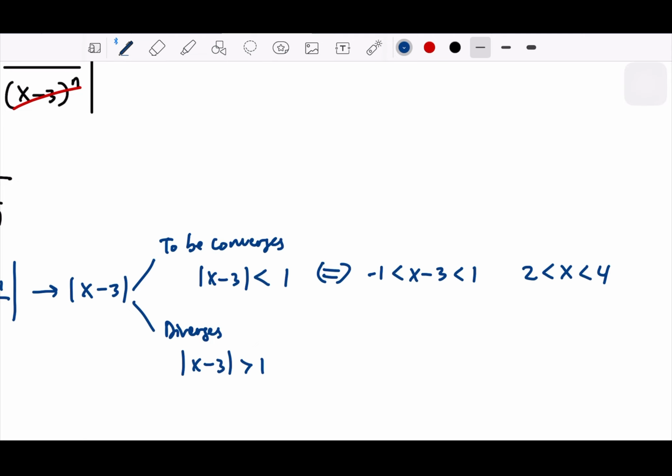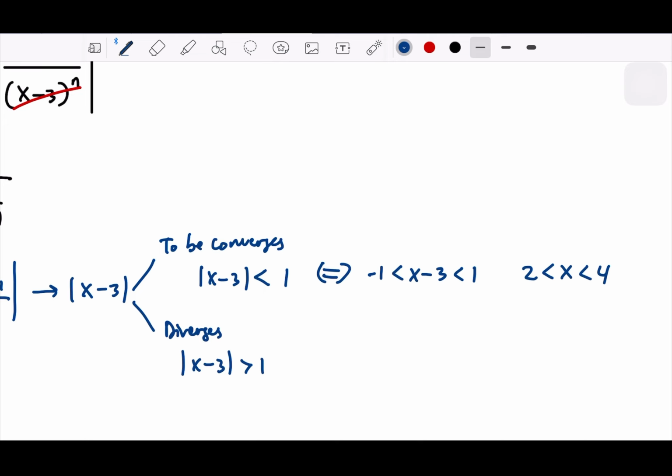So basically, what we did is the same or a similar method as the previous series we learned before. The difference is we just have this x. At the end of the results, some values of x will converge and some will diverge.